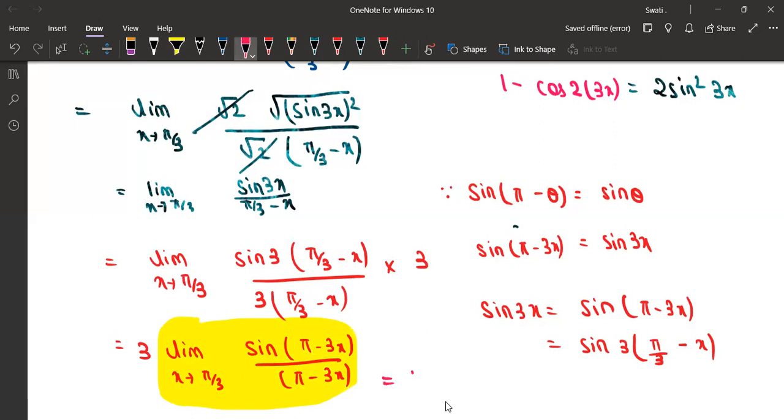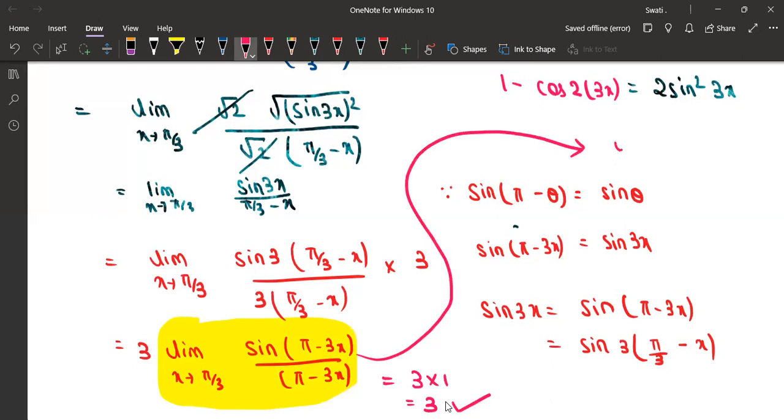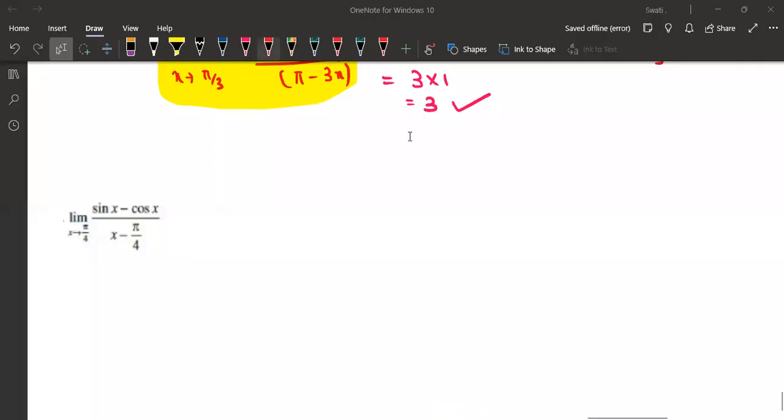So therefore it will simply become 3 times 1 is 3. So 3 is the answer. And the formula that I have used here is, I am just writing it over here. And that is limit x tends to 0, sine x upon x is 1. Okay. So that is it. Now we can move to the next question.